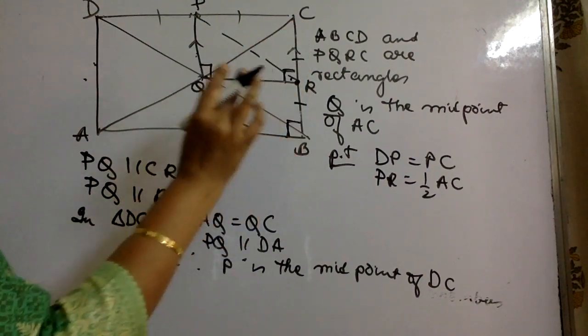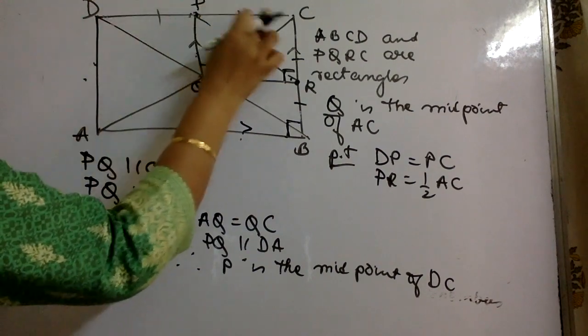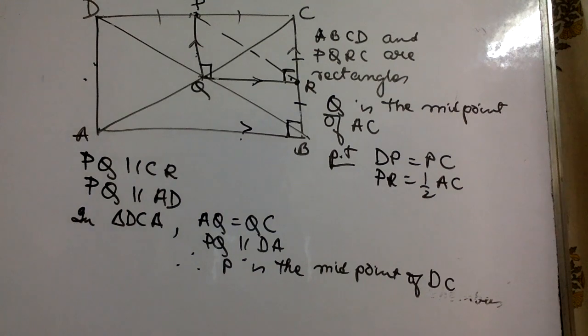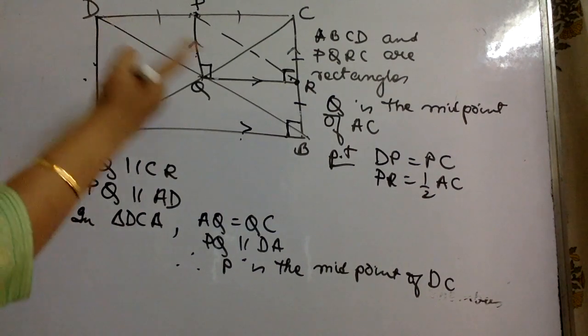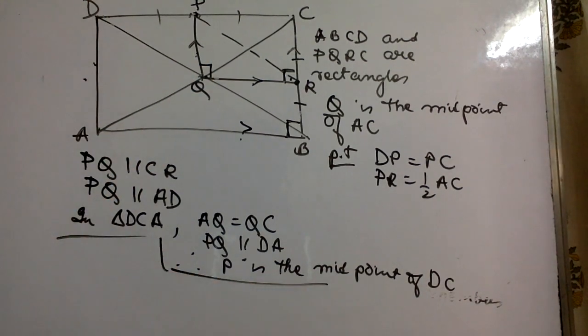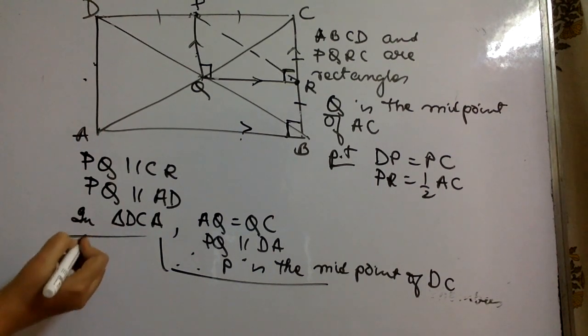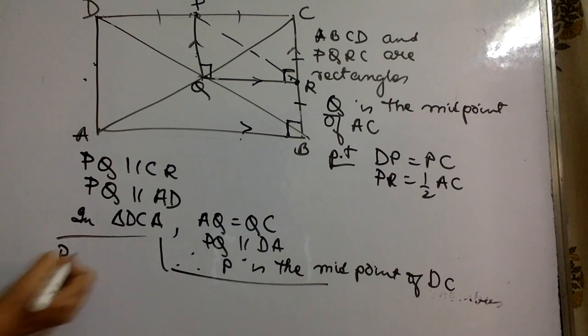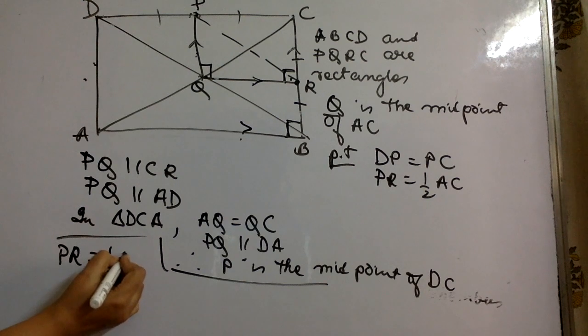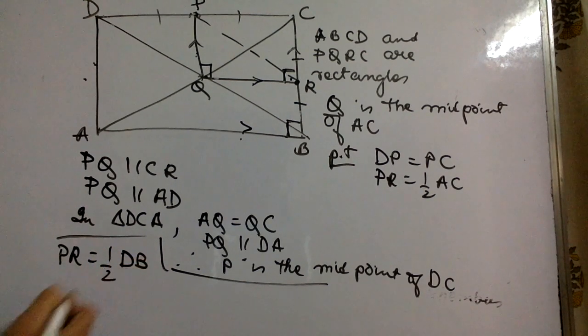So R becomes the midpoint of CB. Now we are ready with P is the midpoint of DC, R is the midpoint of CB. If we join PR, therefore we can always say that PR is equal to half of DB.